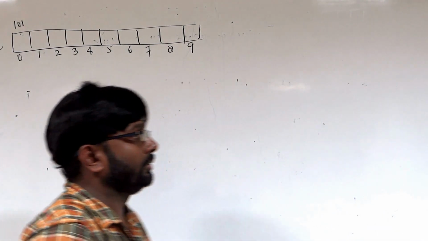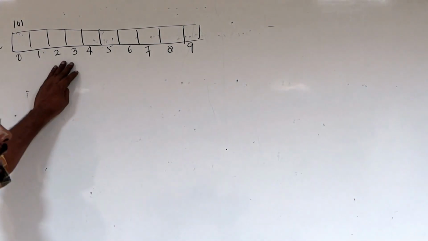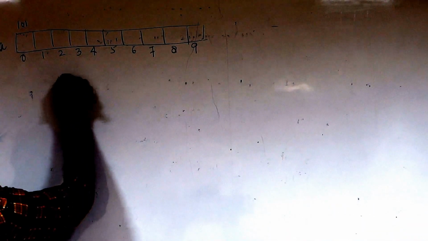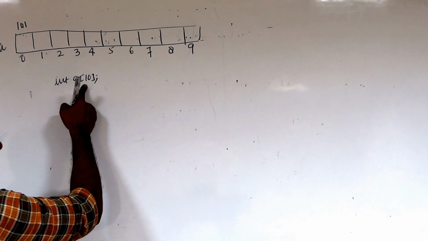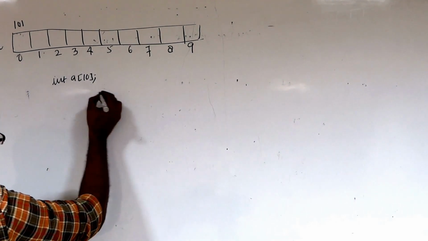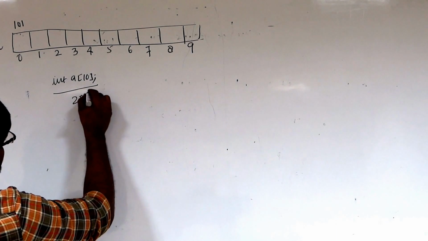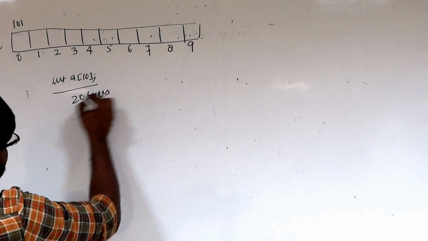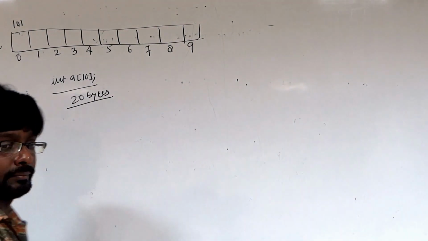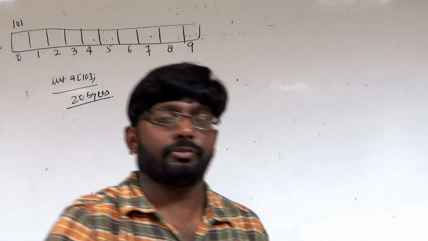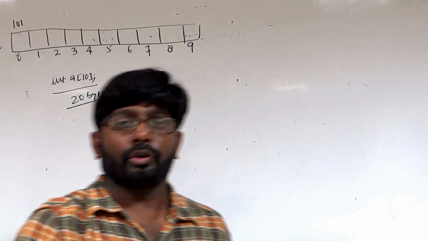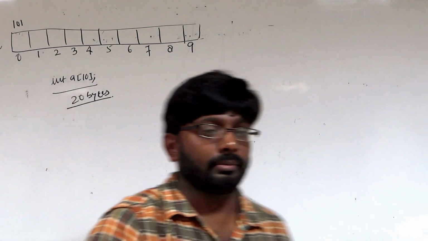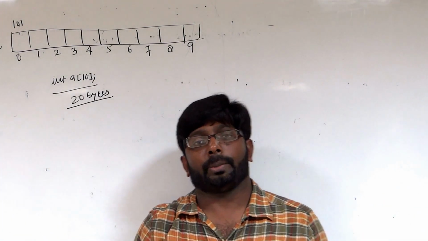So if this is an integer array of size 10, suppose int a[10], how much space will it occupy? In a 32-bit machine it will occupy 20 bytes. In a 64-bit machine it may occupy 40 bytes, because in a 64-bit machine an integer occupies 4 bytes.